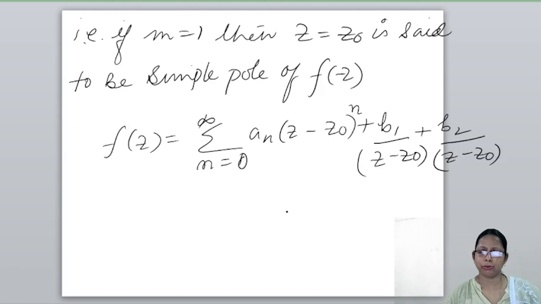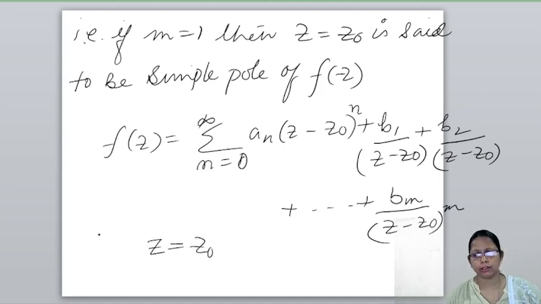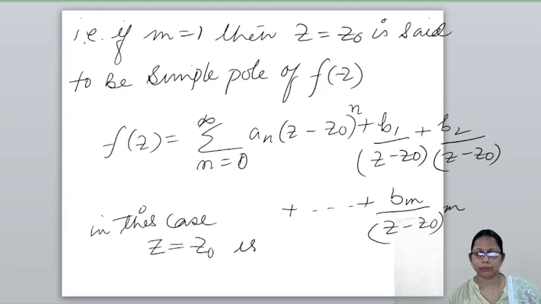If it is a pole of order m, then in the principal part there will be m terms. In this case z naught is a pole of order m.